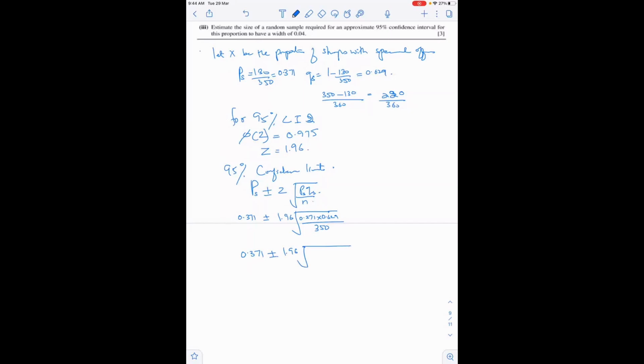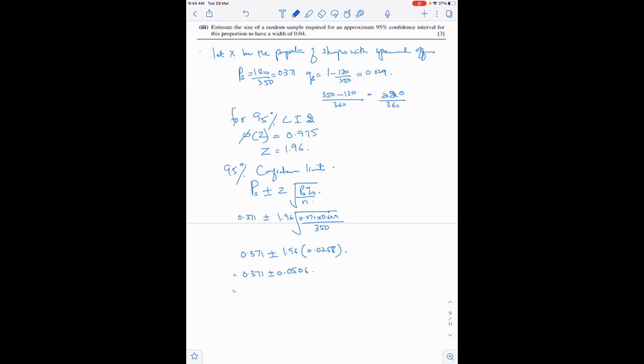0.258 multiplied by 1.96, which is giving us 0.371 plus minus 0.0506.